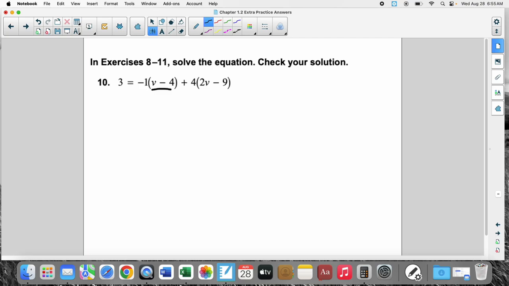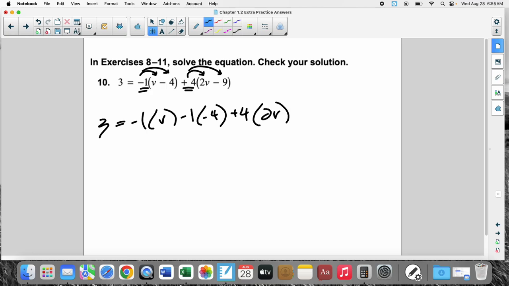We can't combine anything inside the parentheses, so we will distribute each of those parentheses into each of the parentheses. 3 equals -1 times v, -1 times -4, +4 times 2v, +4 times -9. 3 equals -v plus 4 plus 8v minus 36.